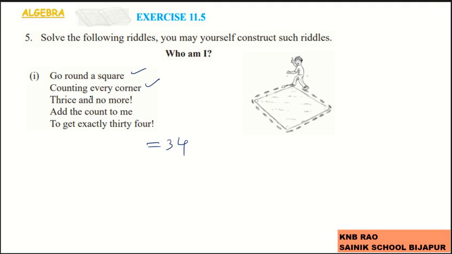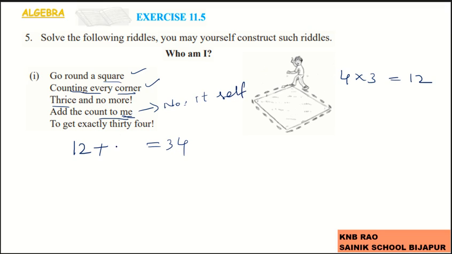and here you are going around the square. Here, counting every corner thrice. In a square we have got 4 corners. So, 4 corners taken thrice is nothing but 12, and this 12 is added to me, means that number itself.